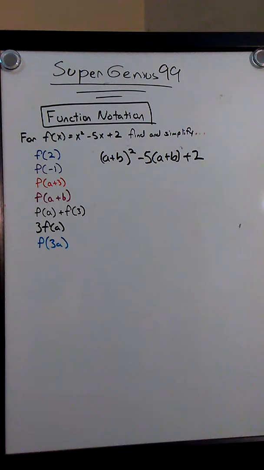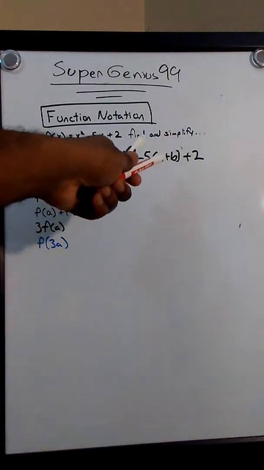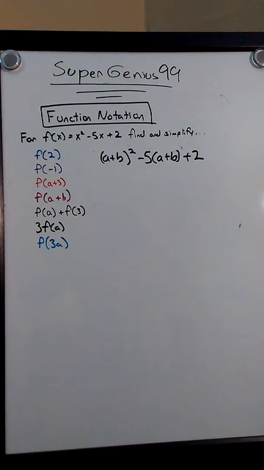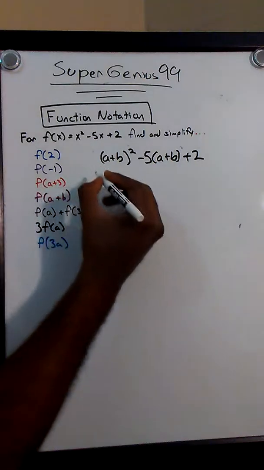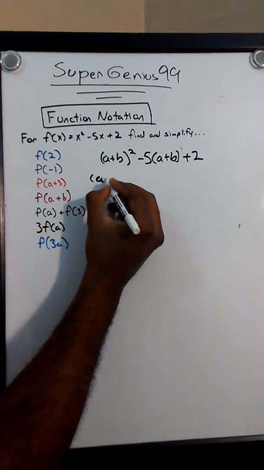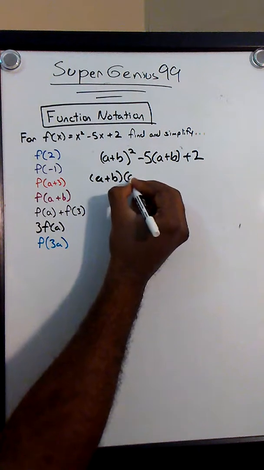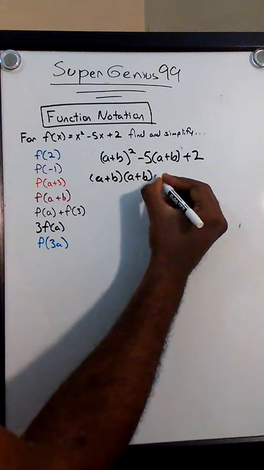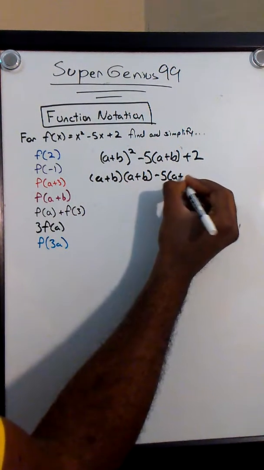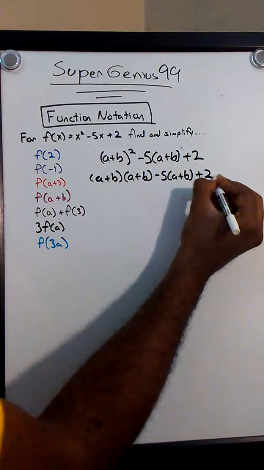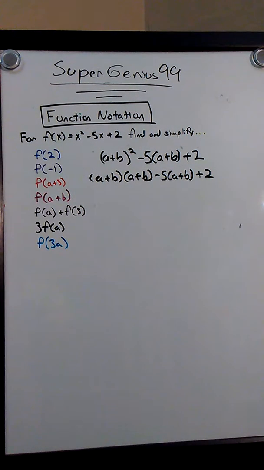The next one is f of a plus b. So where you see an x, you put a plus b. So you have a plus b squared minus 5 times a plus b plus 2. So what you do here, you square your a plus b. And then distribute, you know, FOIL.